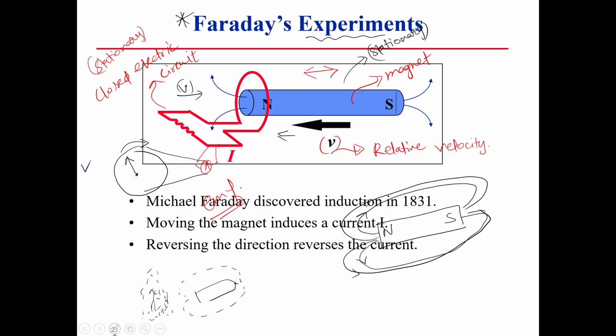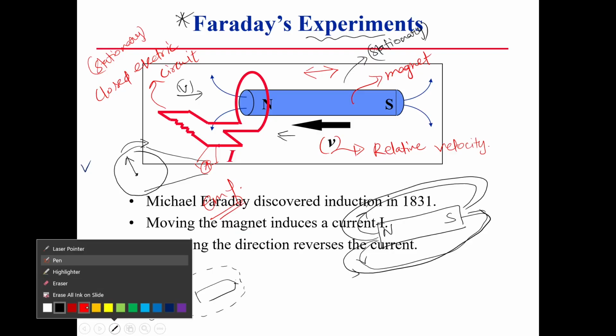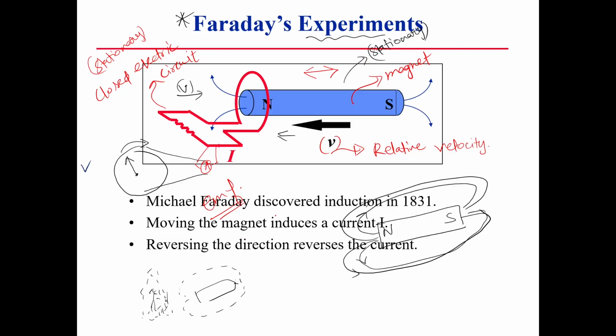But when you reverse the direction of the magnet, at first it was from this to this, and now it is from this direction to this direction. So now you will see that the deflection is also reversed. Reversing the direction also reverses the current.